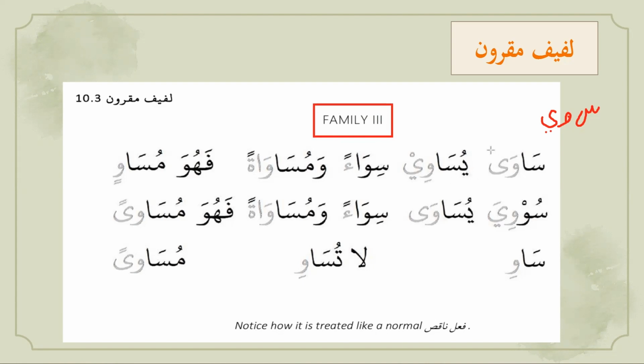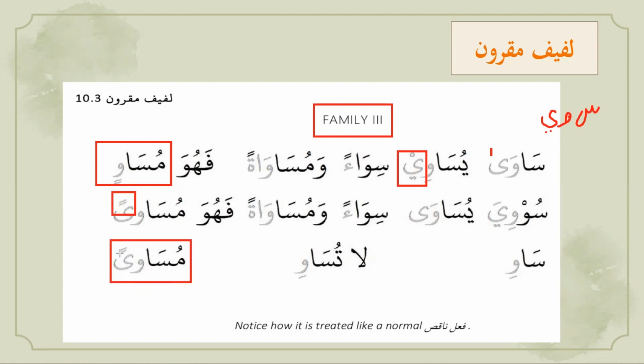Again, just like naqis changes, alif maksura in the past tense, ya in the present tense, regular form, like active form, past active, present active. Then the masdars are just like family 3, jihadan wa mujahadatan, siwaan wa musawa'atun. And then we have the same ism fa'il pattern, musawin, and ism maf'ul pattern with fatha, musawan, and ism zarf pattern, musawan, again with fatha.